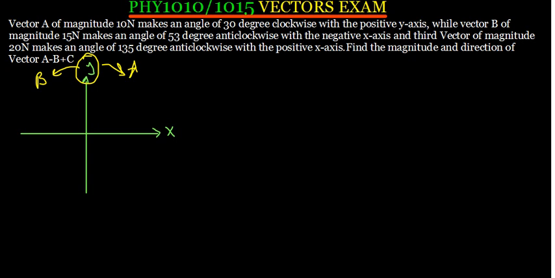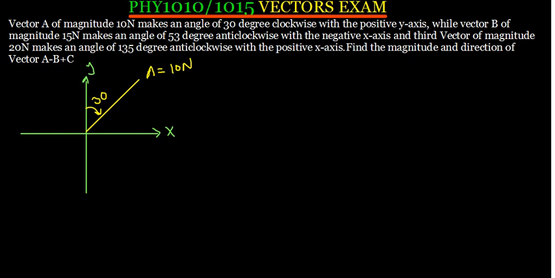Clockwise will go A. So the first vector, which is vector A, is going to be here. The direction given is this 30 degrees from the positive y. That's vector A, and the magnitude is 10 newtons.